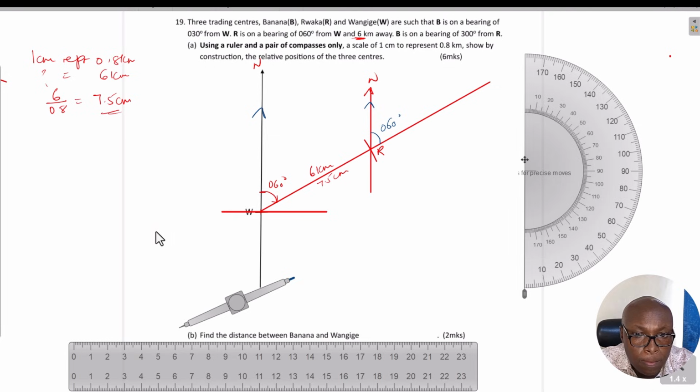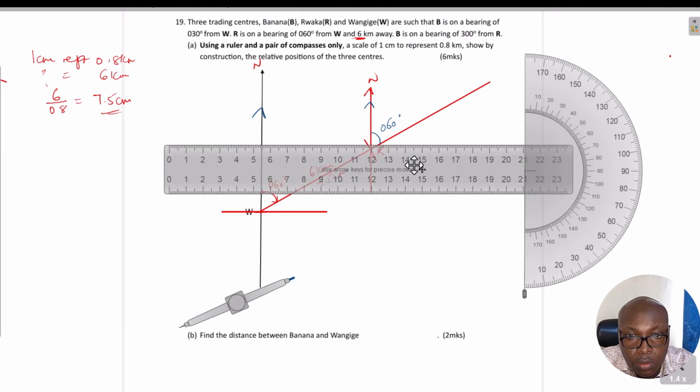Then now I should have an angle of 300. So an angle of 300, if I'm to draw a horizontal line here, and you need to be very keen when you're drawing that line as well. Let me use a ruler to draw that.